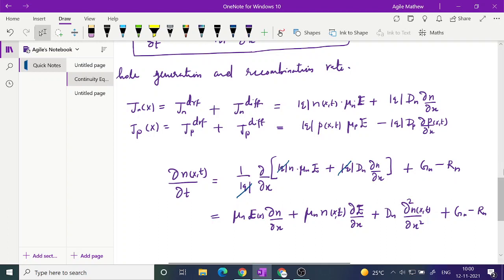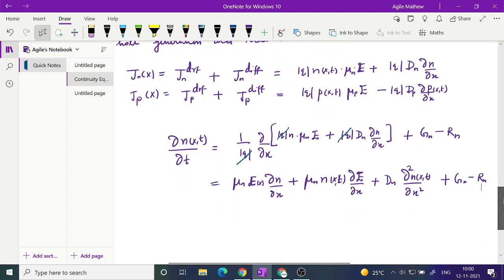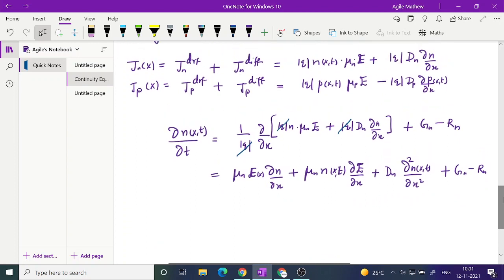So this is another way of writing the continuity equation, after we have substituted for Jn. Here we have mobility, electric field, and concentration gradient. So these are the ways in which we can talk about the change in concentration of electrons at a particular point.